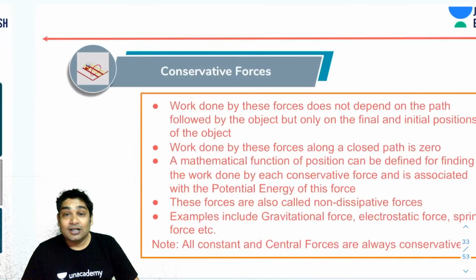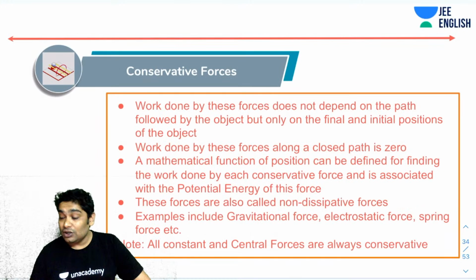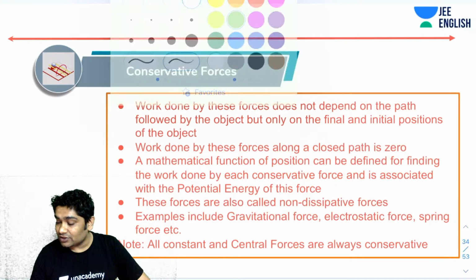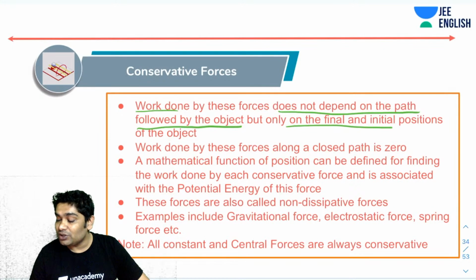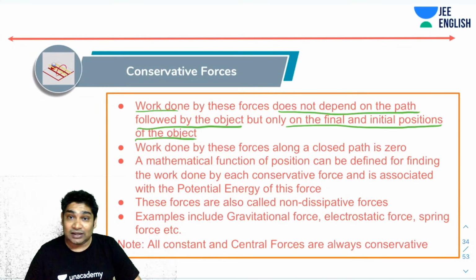Now, what are the characteristics of conservative forces? Let's quickly talk about that also. Work done by conservative forces does not depend on the path followed by the object, but only on the final and the initial positions of the object. Work done by these forces along a closed path is always zero, so remember this.